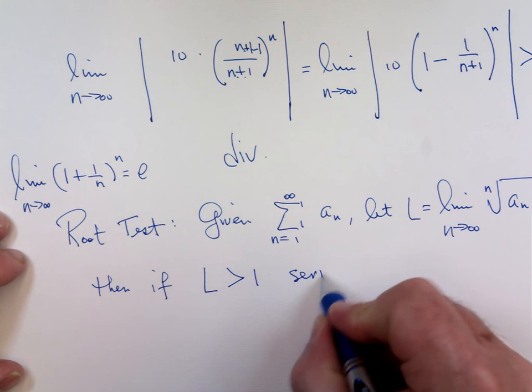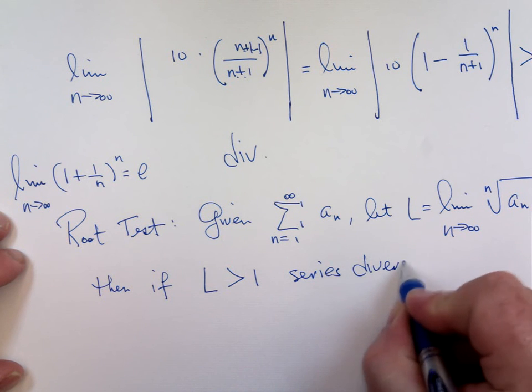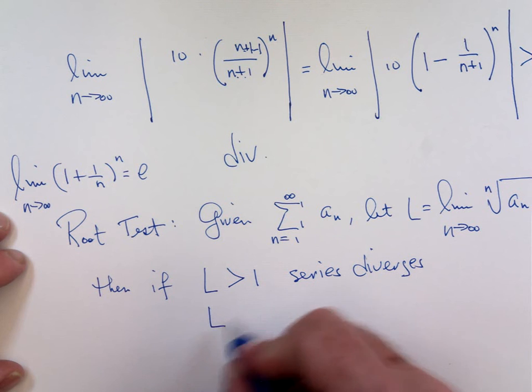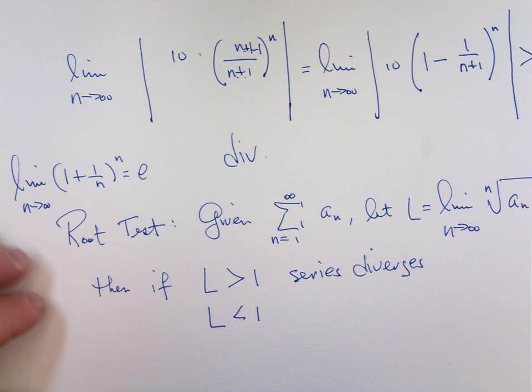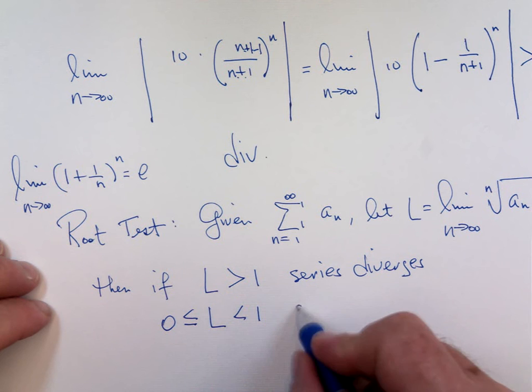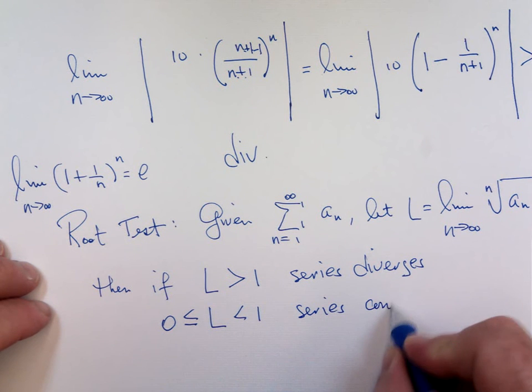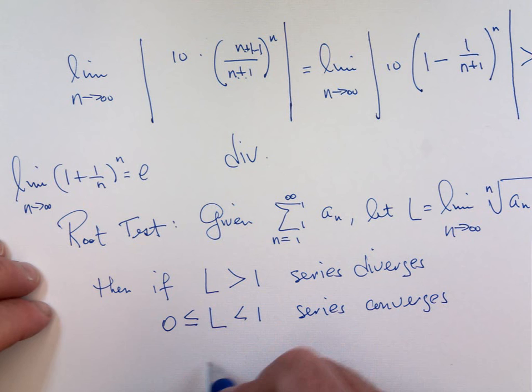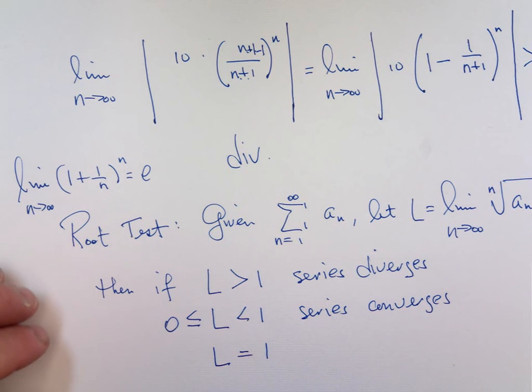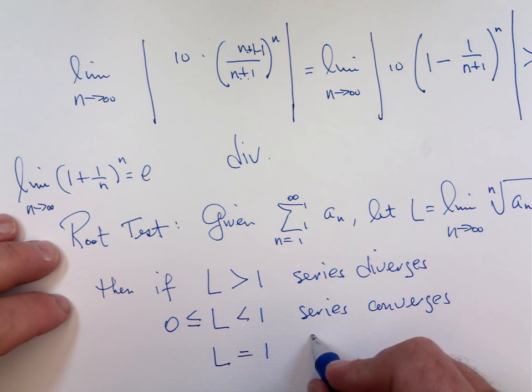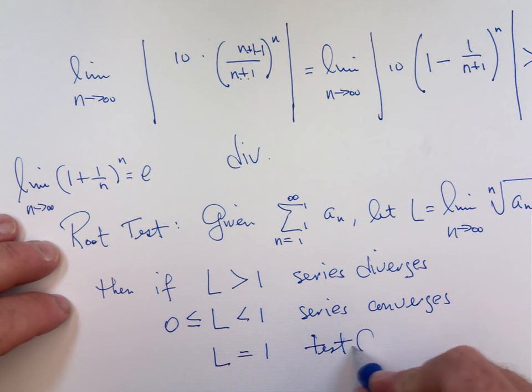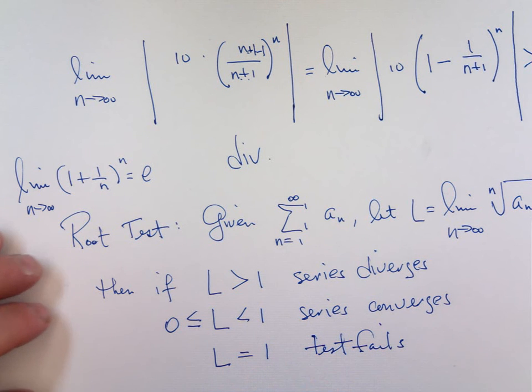If L is less than 1, but greater than or equal to 0, the series converges. If L equals 1, what do you think? Fails. Test fails. You have to do something else. There's one specific kind of series where you use a root test, and that's a series that looks like this.